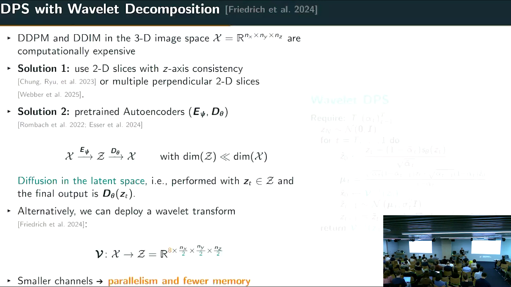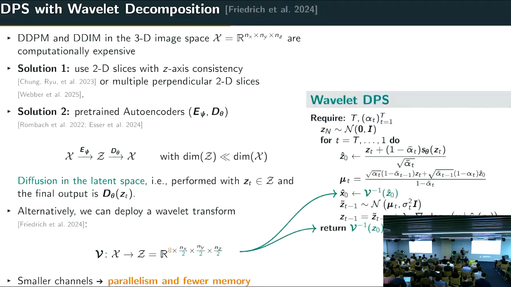The wavelet transform maps the image into a space of the same dimension, except that we've got 8 channels, one for each of the 8 wavelet coefficients, and each of these channels has a lower dimension, and we process all those channels simultaneously. This helps with parallelism and also reduces memory bottlenecks.